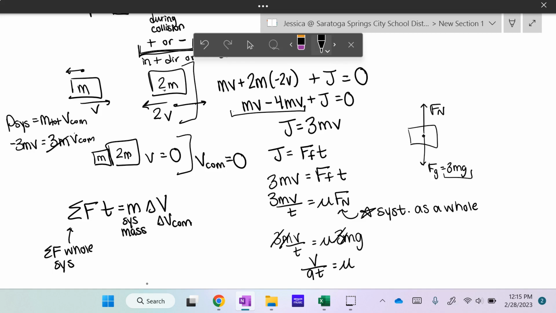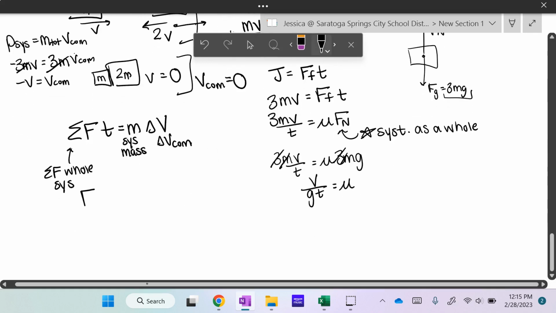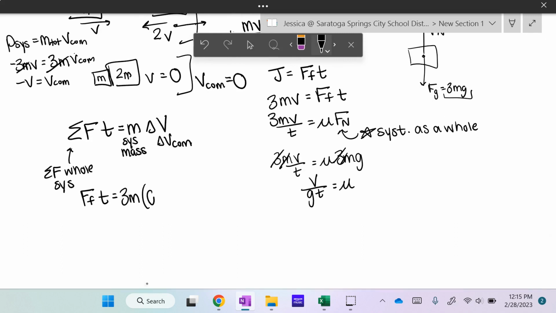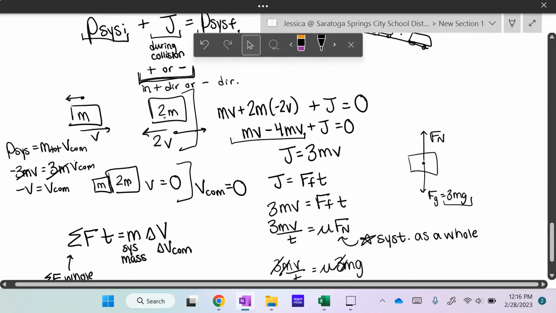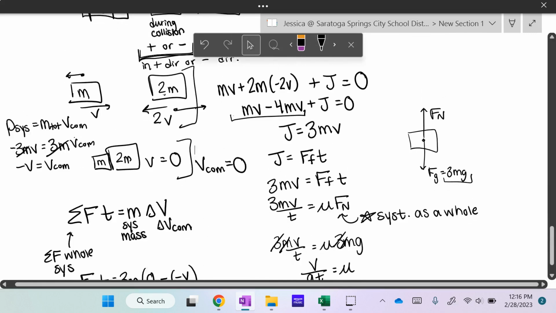So v center of mass is negative v initially, which makes sense because our system is moving to the left initially. We have more leftward momentum, so a negative velocity of center of mass makes sense. So if I do force of friction times time, I have a system mass of 3m, my final velocity for center of mass was 0 minus a negative v, and I get that my impulse, or my total change in momentum of the system, was 3mv, which is what we got before. So two ways of figuring that out.